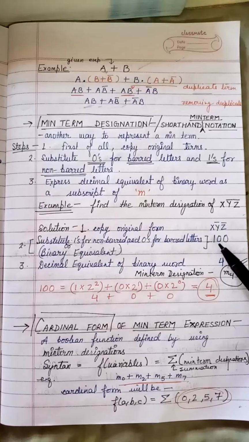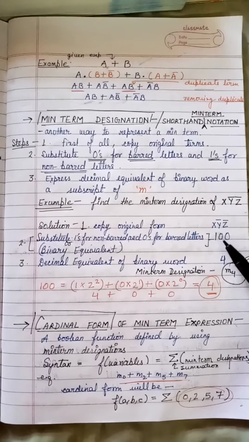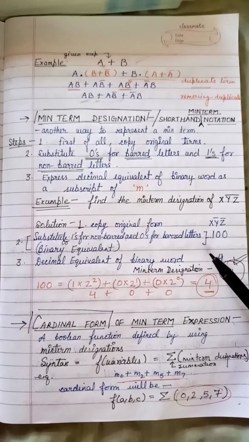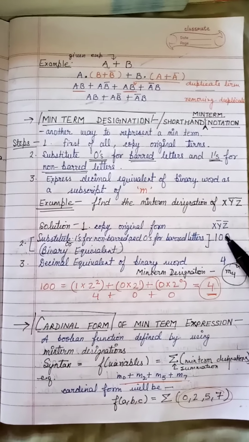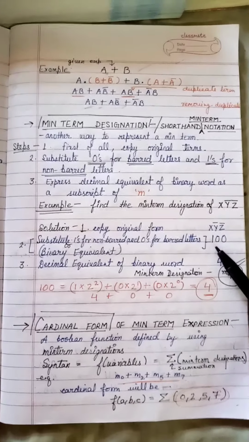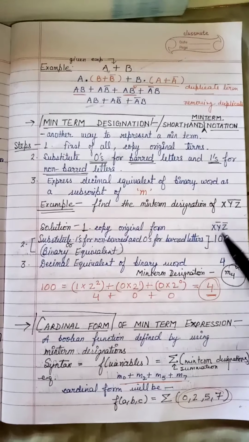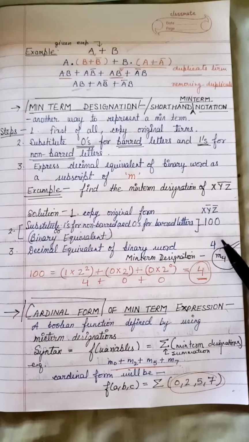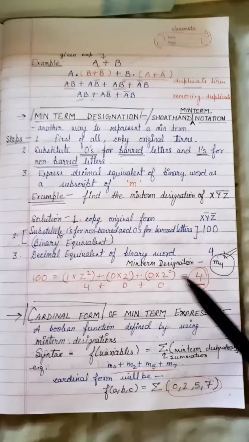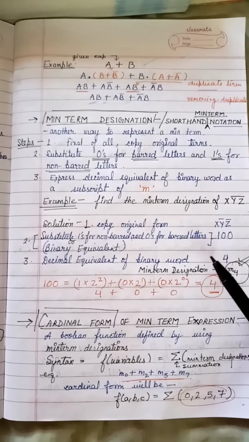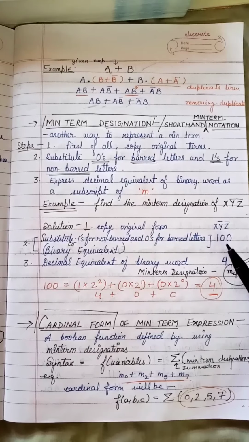So we are getting 1 0 0, and then you have to write the decimal equivalent of this binary word. You have done this number conversion in class 11th, how to convert a binary number into decimal.